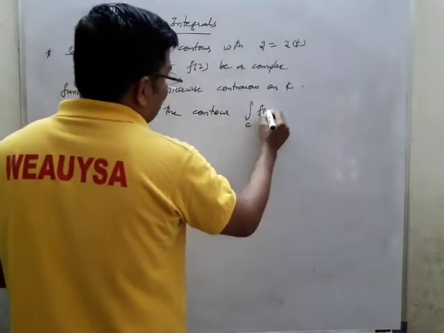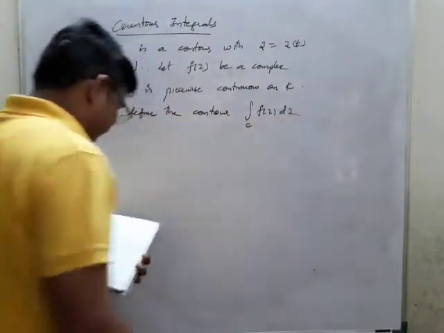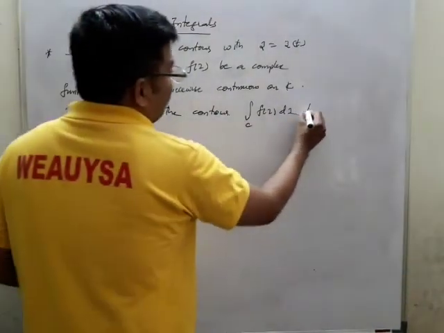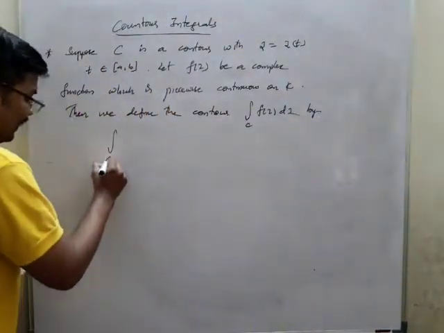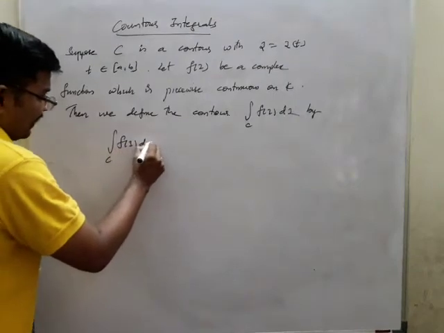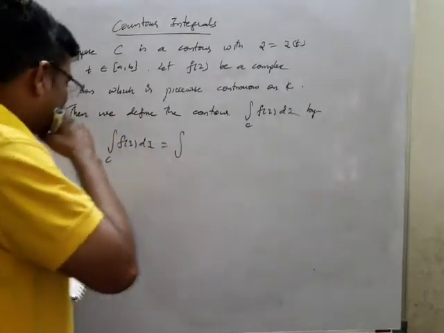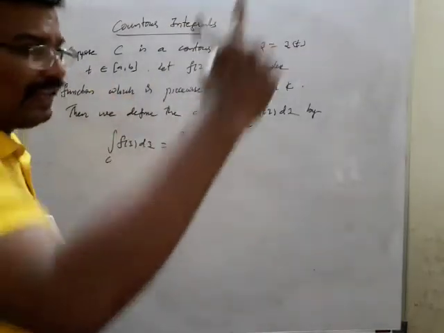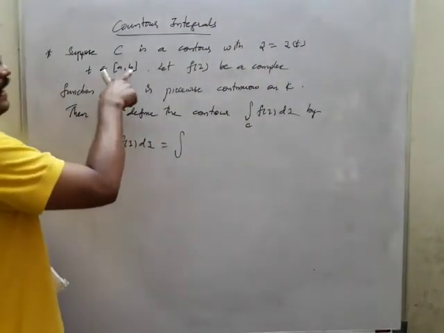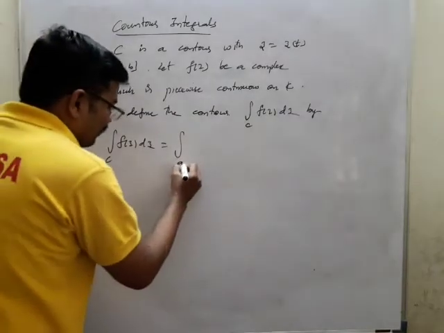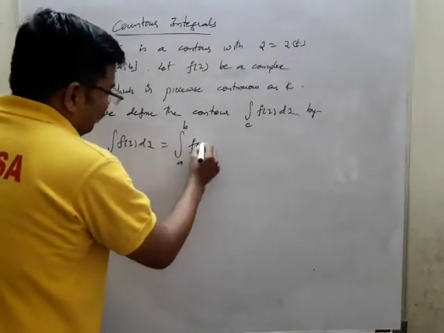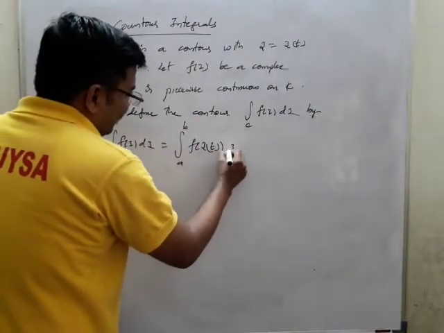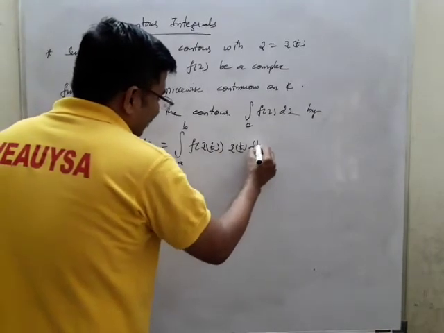The integral over C of f of z dz is called the contour integral, and it is equal to the integral from a to b, where the starting point is a and the end point is b, of f of z of t into z dash of t dt.